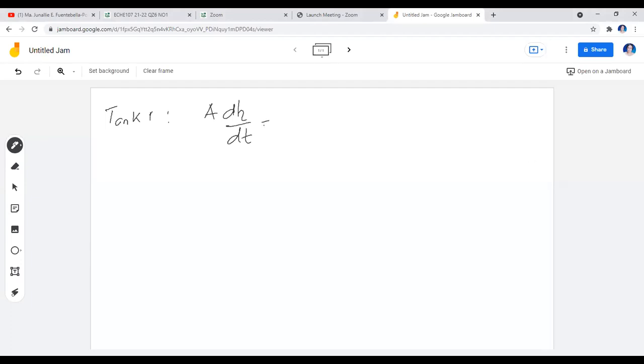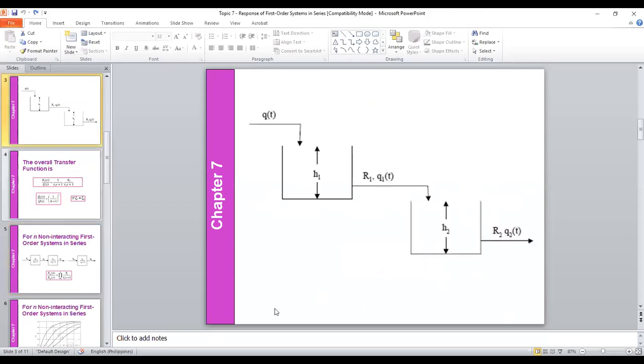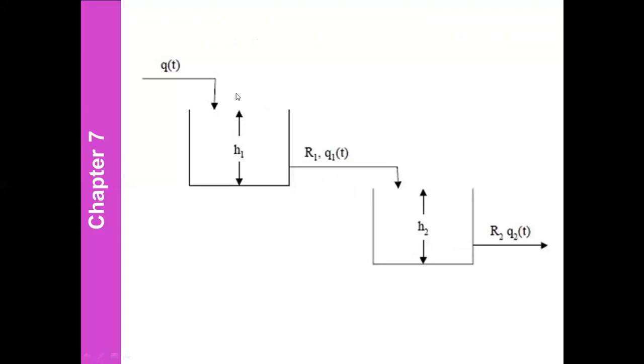What enters tank 1 is Q, and what leaves tank 1 is Q1. Let me show to you again the tanks in series, so I can show to you how it's derived. So we have Q1 leaving, Q entering. This is the level. This is the linear resistance. That's for our tank 1. So I'll go back to our board.